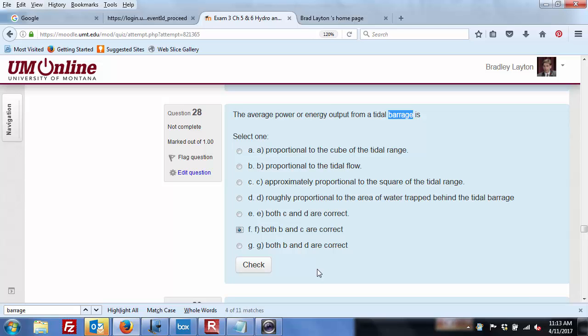So it'd be one or the other instead of both. That's a little misleading. I think we could just scratch that. I think what's implied there is the average power output or rate of energy output. Proportional to the tidal flow makes sense. Yeah, let's just try it. I'm going to throw that one down.